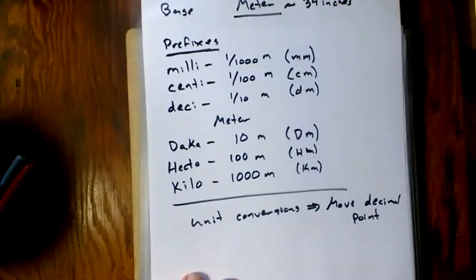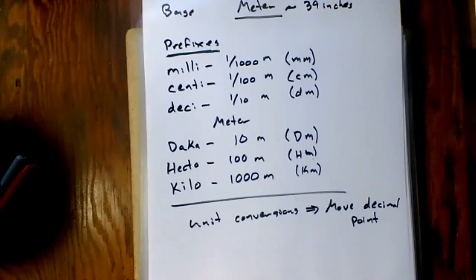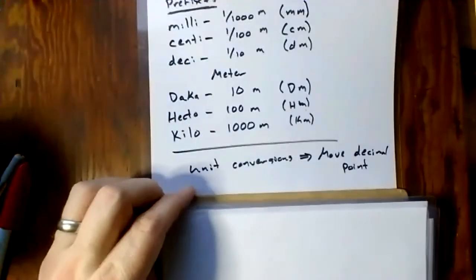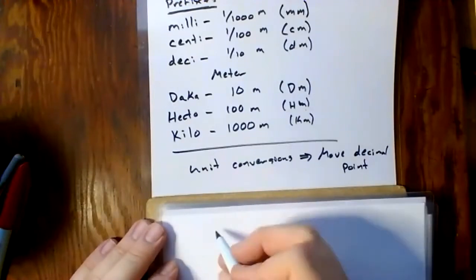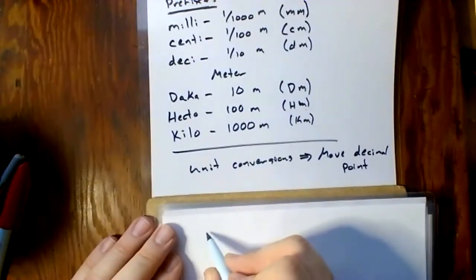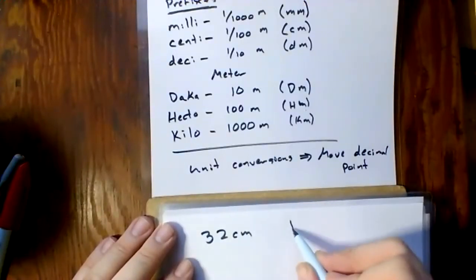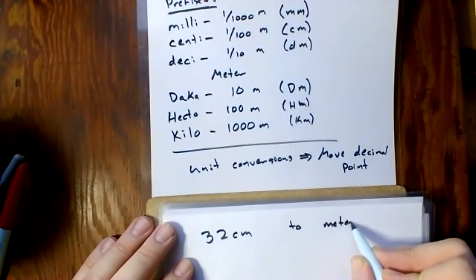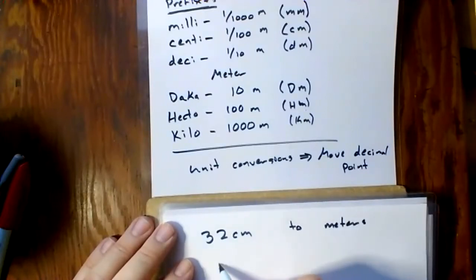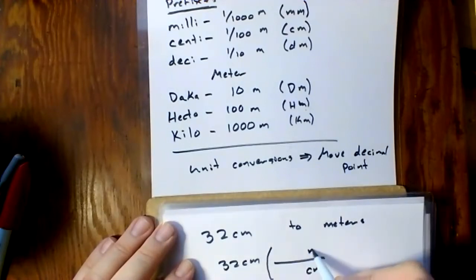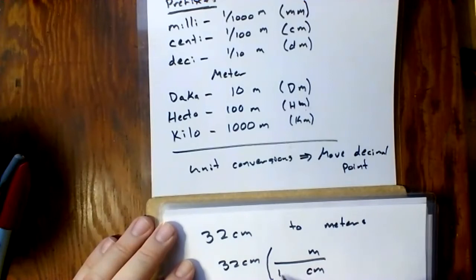Now you can still use something like a unit fraction. So if I wanted to say, okay, I'm going to take, say, 32 centimeters and convert that to meters, I've got 32 centimeters, and I'd have my centimeters and my meters, and I know that it takes 100 centimeters to make up 1 meter.